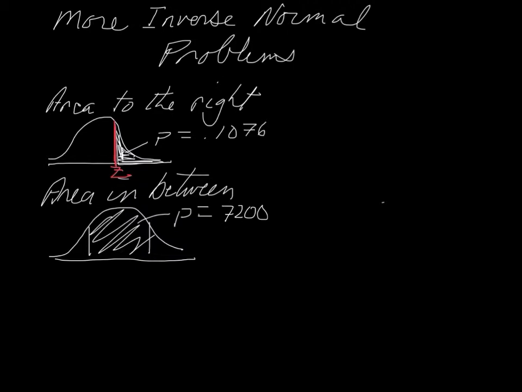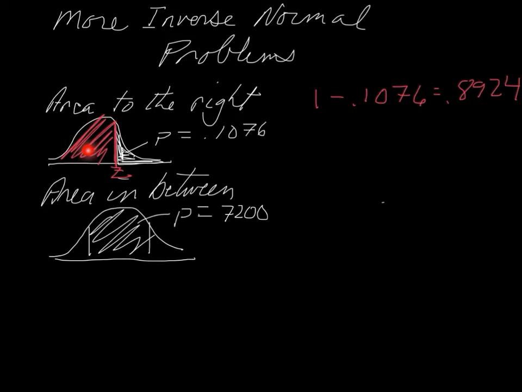Well, we can find that z value just as well by finding the area to the left. So what we want to do is take 1 minus 0.1076, which will give us 0.8924, and that 0.8924 represents the area to the left right here.